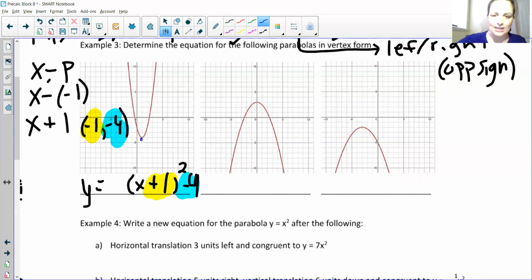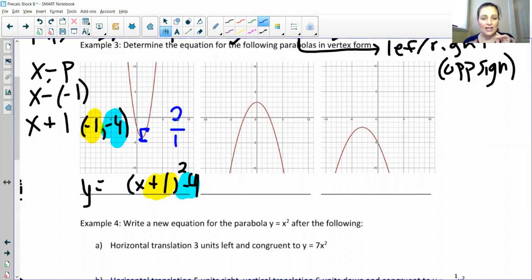So here's the vertex. Anyway, you're going to go over 1 and go up until you find where the parabola is. And it's hard for me to show you this, but it goes up 2. So for every 1 that it goes over, it goes up 2 from the vertex.